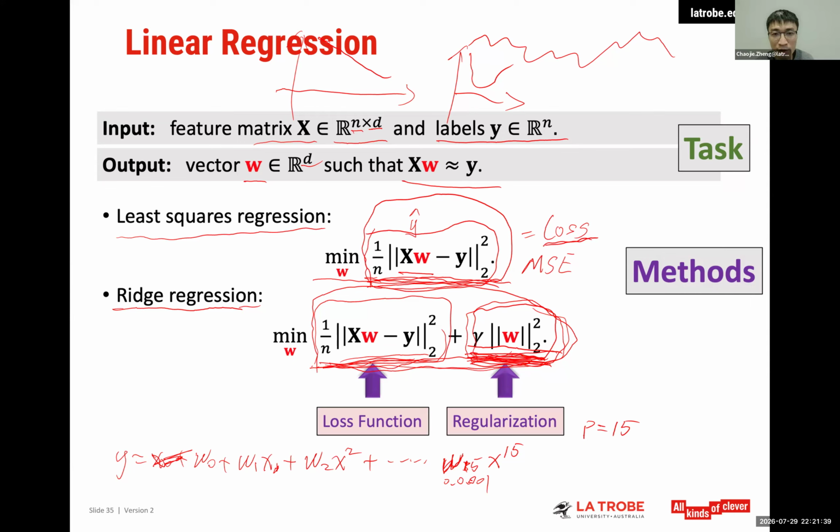But for L2 norm regularization, it will push the value of the weight towards 0, but never achieve exactly 0. So it can only set a very low value for the weight, but never 0. So it cannot do feature selection, but it can reduce the model complexity.